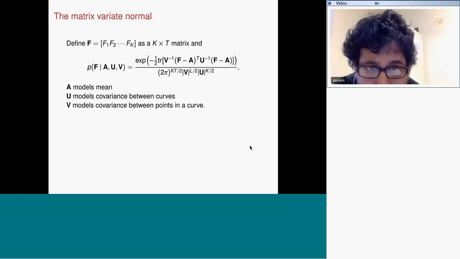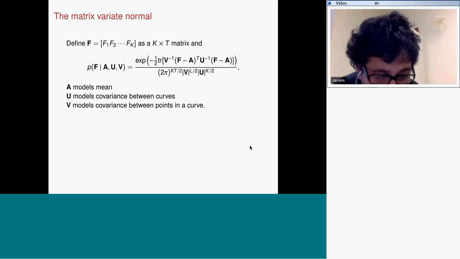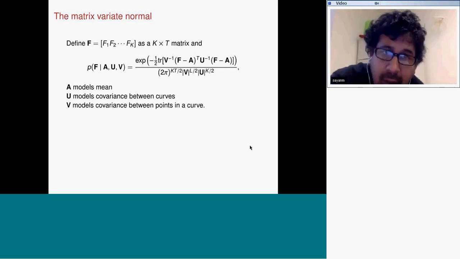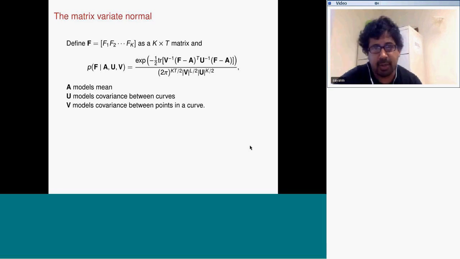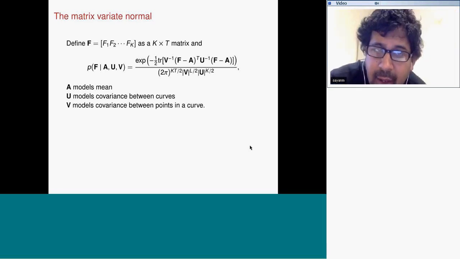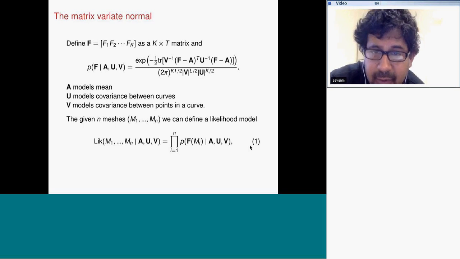We know how to put distributions on matrices like these, and one way of doing it is something called a matrix variate normal, the analog of the multivariate normal. The multivariate normal models vectors; this models matrices. So if my matrix is F, I have a parameter which models covariances between curves, and V that models covariances between points in a curve. We just started doing this, but one of the things we're starting to do is ask whether we can use this matrix variate normal approach to do very standard likelihood modeling on these surfaces and shapes.